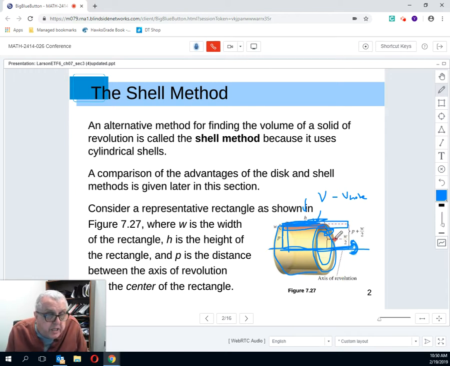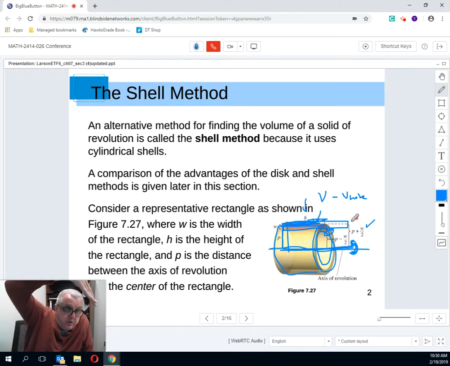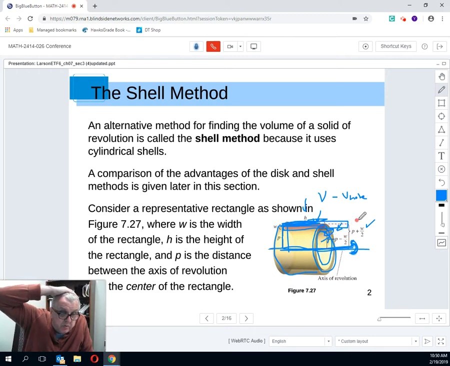So when we do P, we go to the center of that thickness. I'm sorry, it's P plus W divided by 2. We go to the center of the thickness, so half of the width is the outer edge, and if you subtract half of the width, then it's the inner edge.